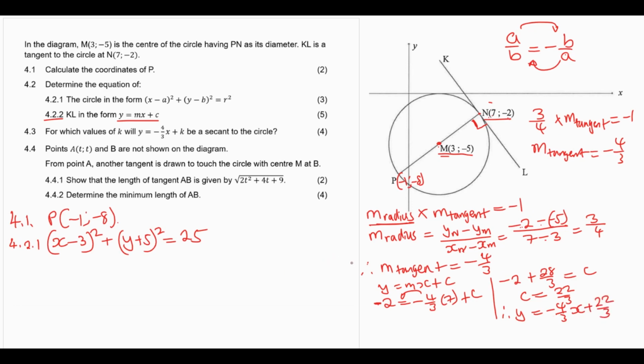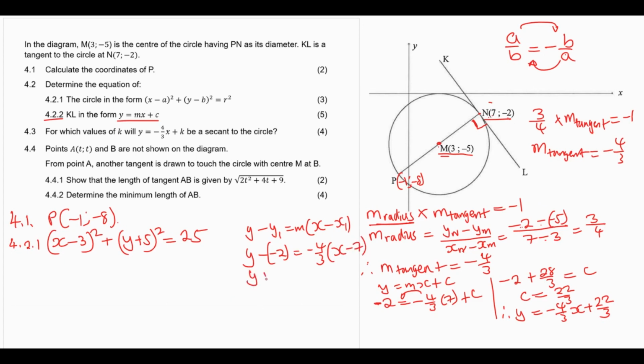We can also use this formula. y minus y1 is equal to m, then x minus x1. Right, we have our gradient. Then our y is -2, so y minus -2 is equal to m, -4 over 3. Then x minus, our x is 7, x minus 7.